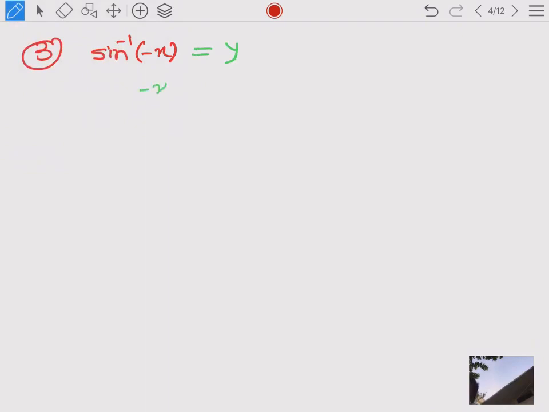Then according to function theory we can write minus x is equal to sin y, and now x is equal to minus sin y. Now the minus will be entered in terms of y. According to this rule, in principal value branches, as we have read in 11th class, we can write sin of minus y.